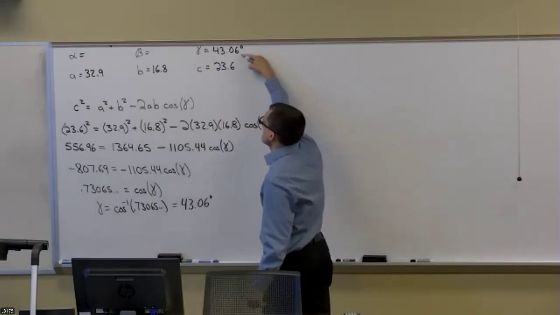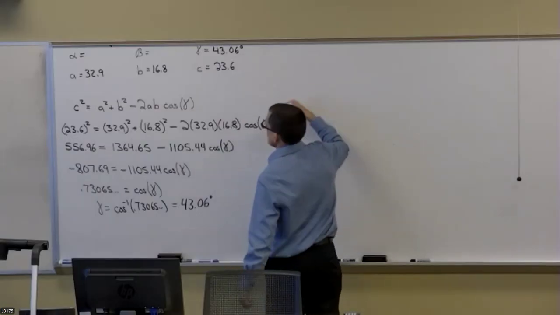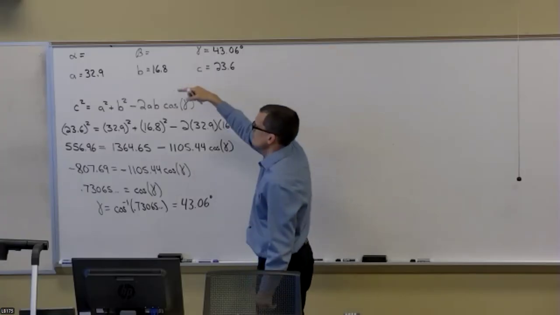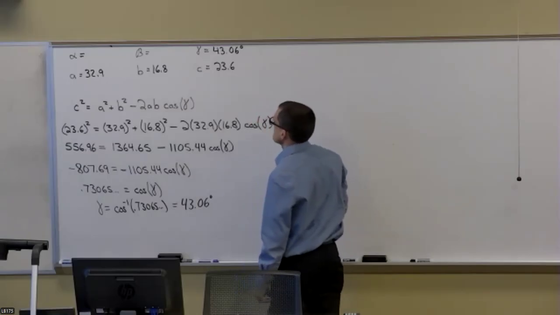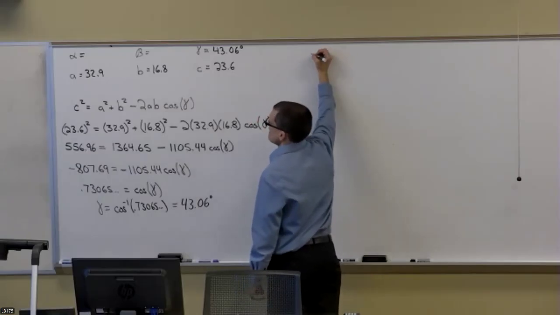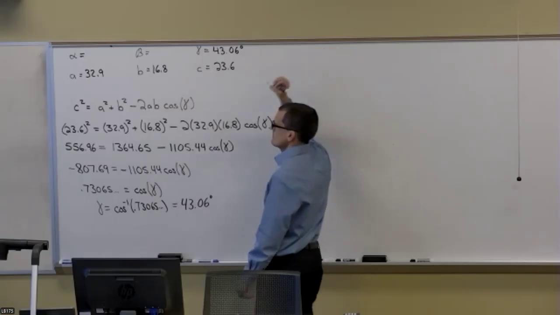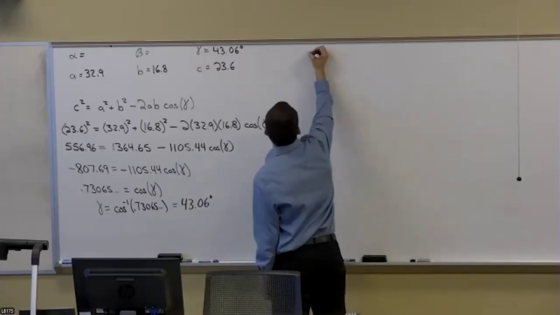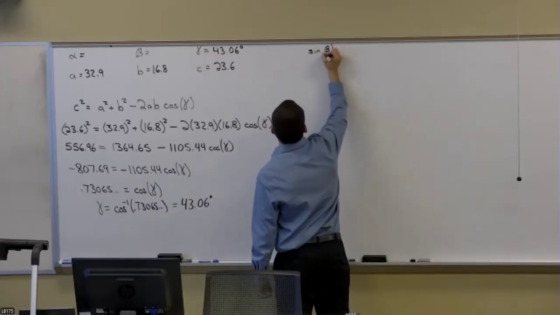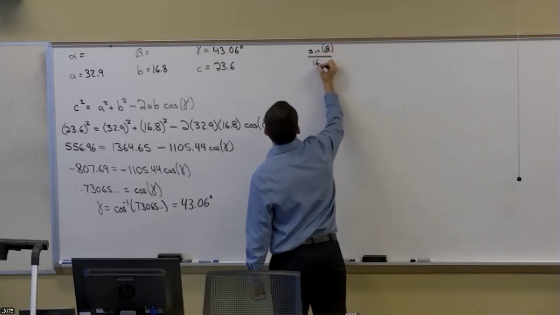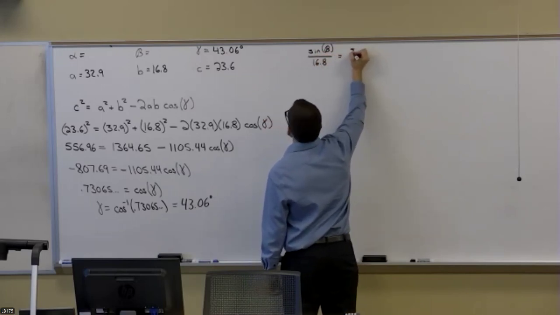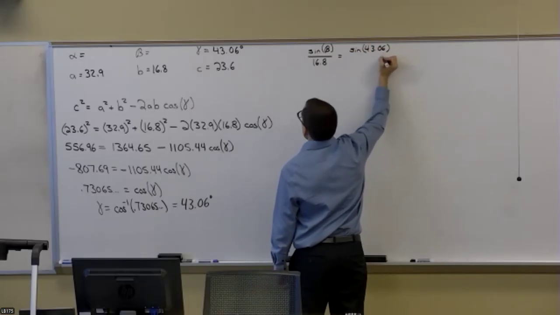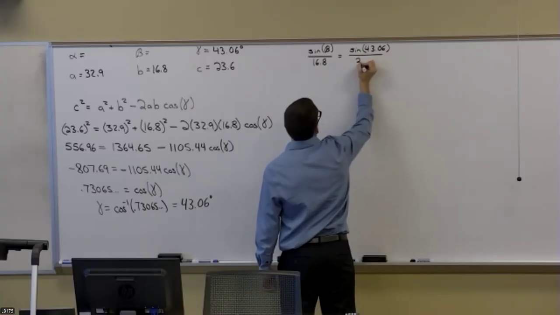So now I have gamma and C, and now I can use my law of sines to find beta, or I can use my law of sines to find alpha. Well, which one do you want to find first? Beta? Let's find beta first. Okay. Sine beta divided by 16.8 is equal to sine of 43.06 divided by 23.6.